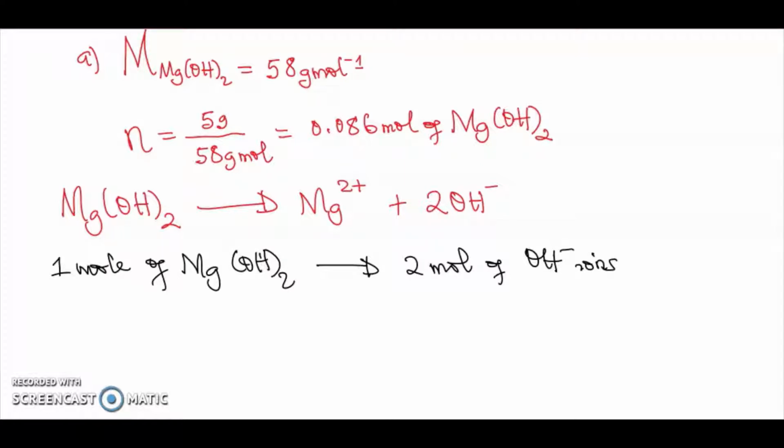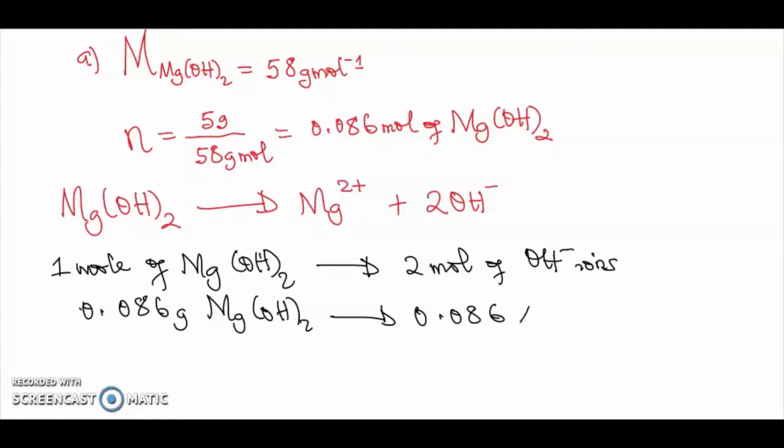Now if that be the case, 0.086 mole of magnesium hydroxide contains, we multiply these two, 0.086 multiplied by 2. What does that give us? It gives us 0.172 moles of hydroxide ions. So that's how we do it.